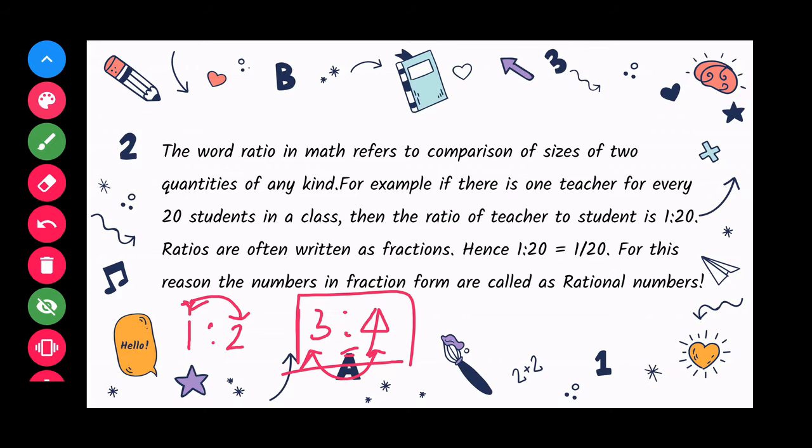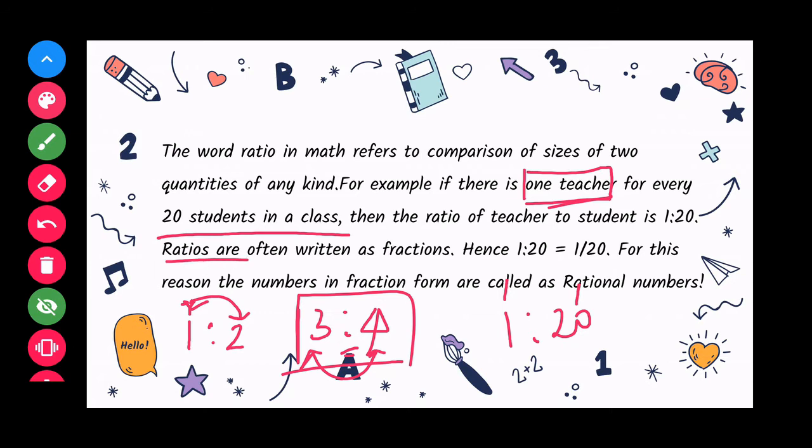Where do we use ratios in our real life? For example, if there is one teacher for every 20 students in a class, let's say we have 20 students in a classroom and one teacher is appointed for that class. So the teacher student ratio will be 1:20. What it tells us is for every teacher there are 20 students.